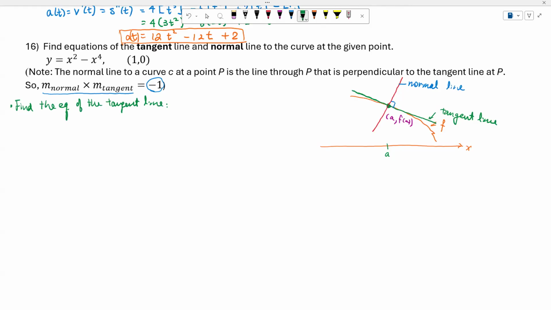So my first step is to find the slope of the tangent, which is f prime of x, or in this case, y prime. Then second, I would like to find the slope at x equal to 1, so I evaluate y prime at x equal to 1. This will be the slope of the tangent.